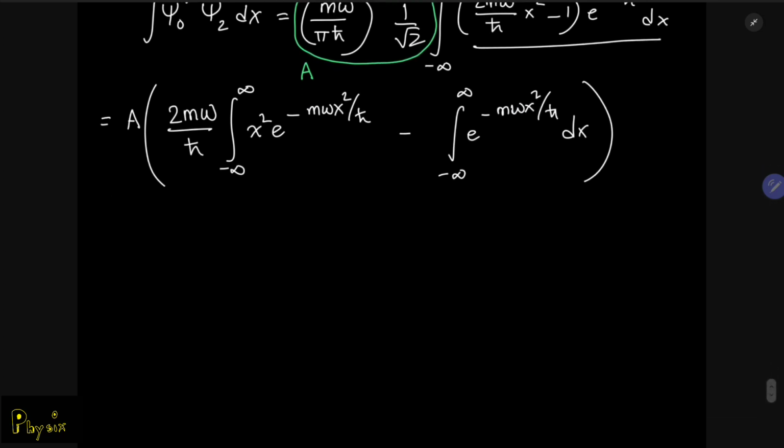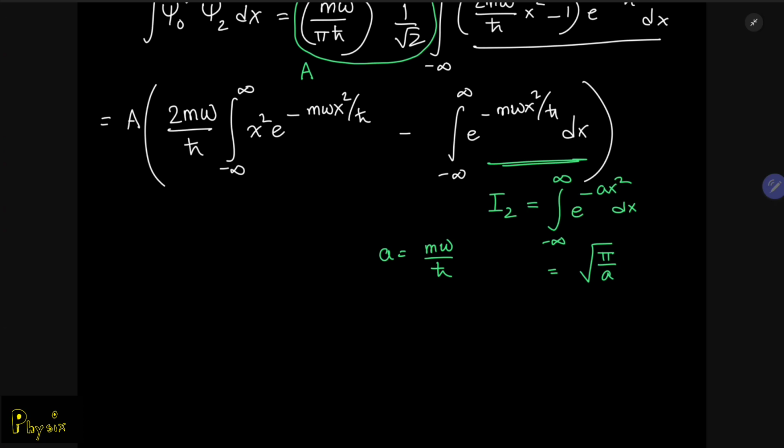Let's call this I2. I2 is your standard Gaussian integral, e to the negative a x squared dx, where a is some constant. a, in this case, is m omega over h bar, and this results in the square root of pi over a.